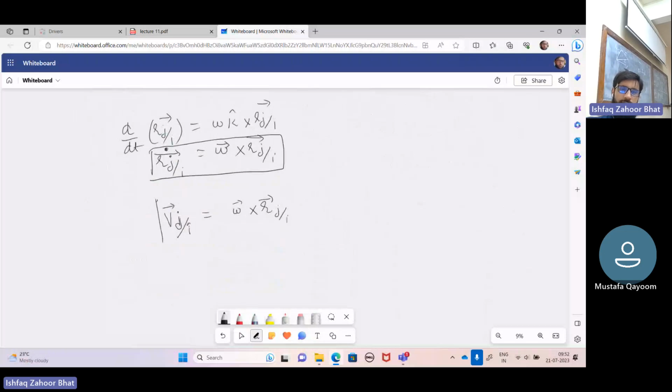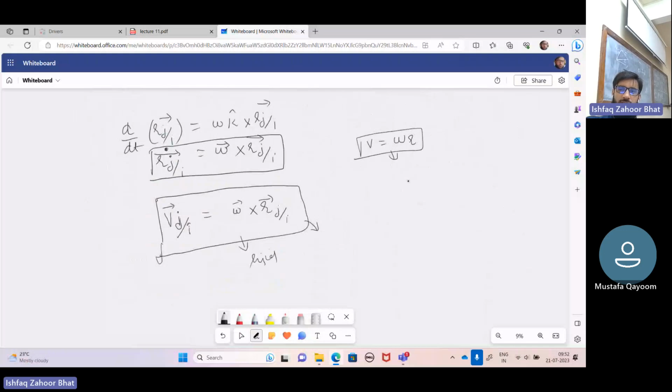So you are saying that it looks like V is equal to omega R, but let me tell you that it is a very general thing, because this is for a rigid body.